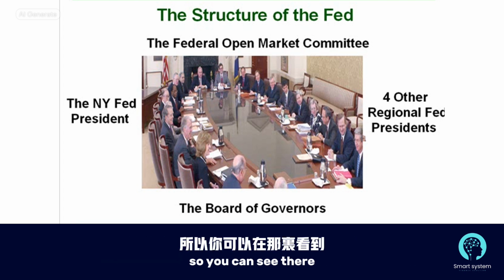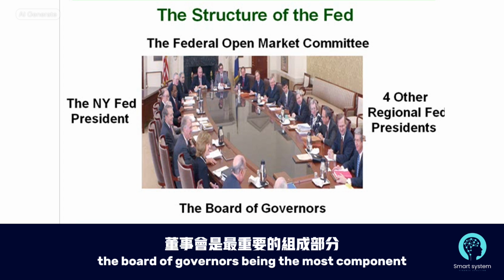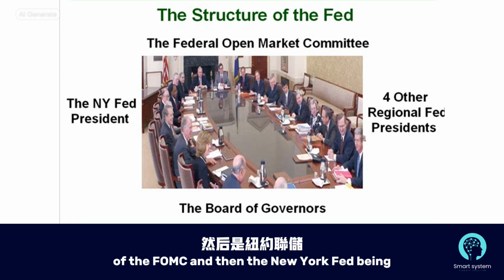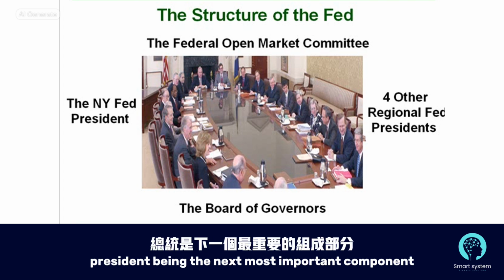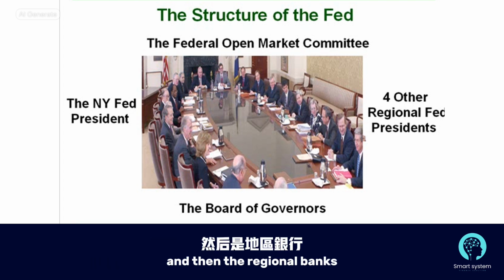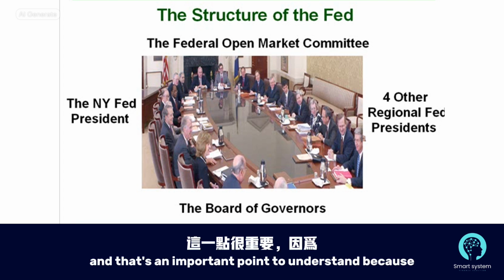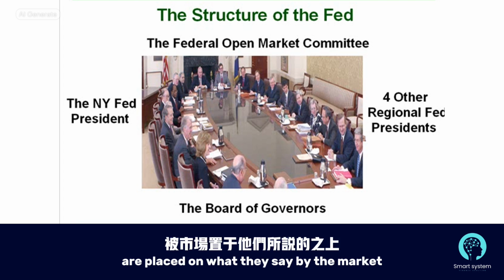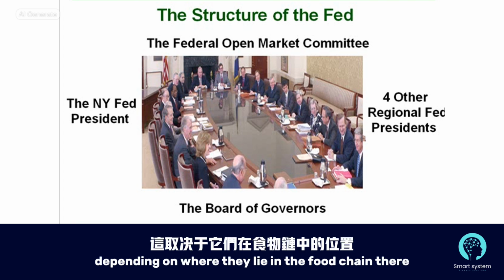So you can see there, the Board of Governors is the most important component of the FOMC, then the New York Fed president is the next most important, and then the regional banks, which vote on a rotating basis, are third in importance. And that's an important point to understand, because when these people speak, differing weights are placed on what they say by the market, depending on where they lie in the food chain there.